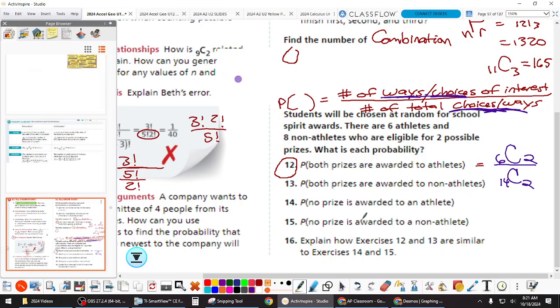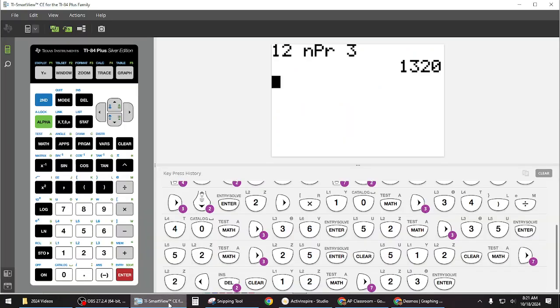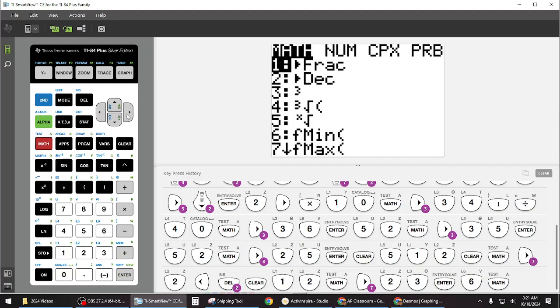Everybody good on where those came from? Okay? And then we just punch in the numbers. You can set this up as a fraction in your calculator without having to do it twice.